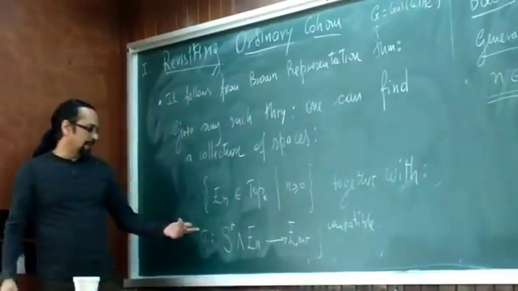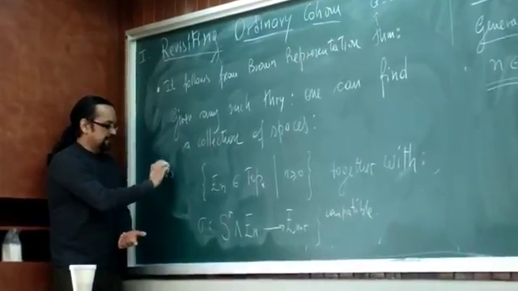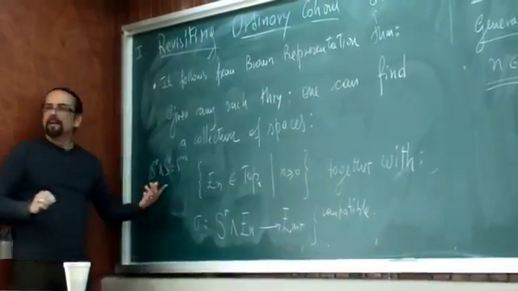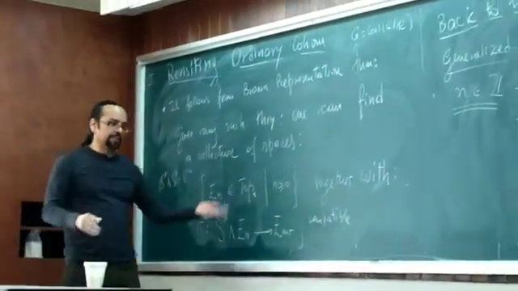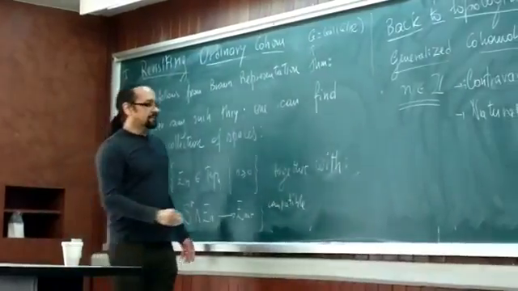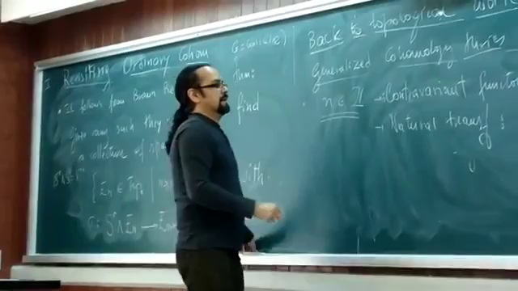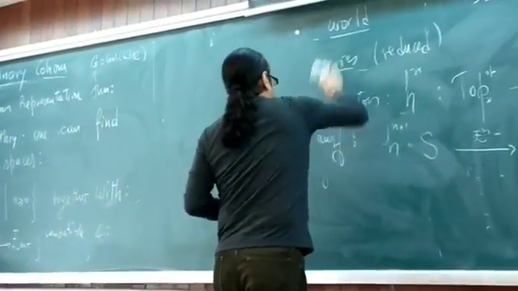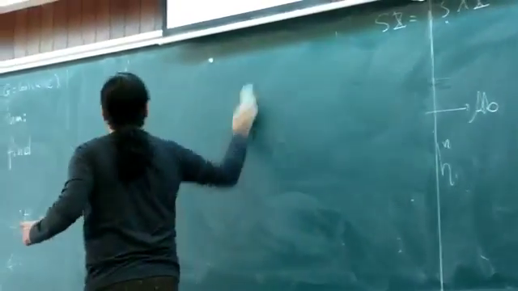When I say compatible, I'm using the identification that SR smash SK is SR plus K. When you use this identification, I'll have a bunch of commutative diagrams that make all those things compatible. This is all in the world of spaces.